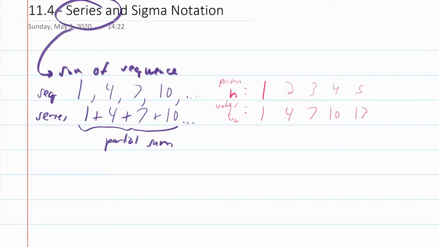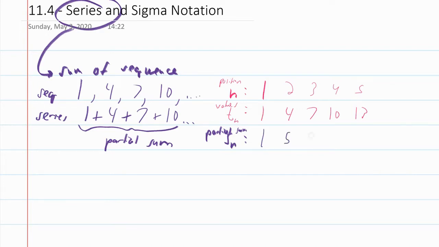We now have a third term that we call S of n. We use a capital letter S. And S's are partial sums. So S sub 1 is just the first term. But S sub 2 is the first term plus the second term, which would be 5.